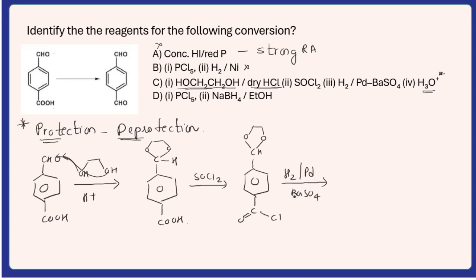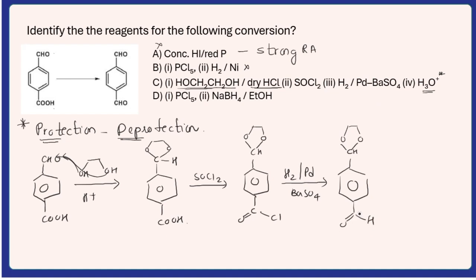This is a reducing reagent which converts acid chloride to the aldehyde, the Rosenmund reduction, right? And what about this? It's as it is, because it's a kind of cyclic ether which is not reacting with any of these reagents.